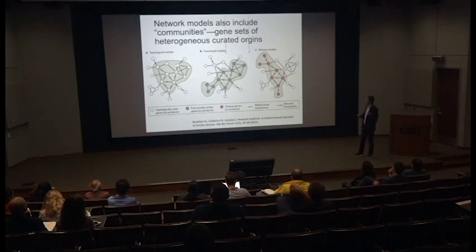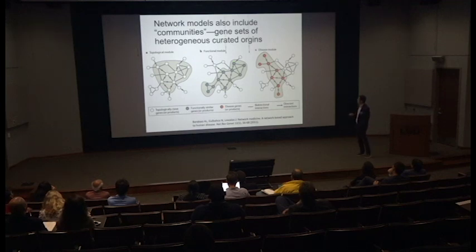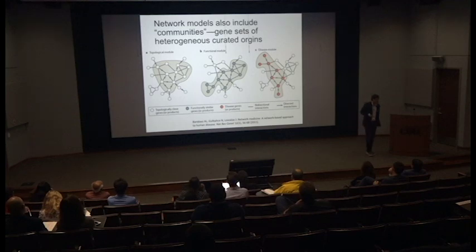In these communities, you're more likely to find protein complexes. If you use a functional module and the edges represent co-expression, then you're more likely to get functional gene expression clusters. Or if you're using curations of diseases, then you get different communities. So this community concept is also very important.